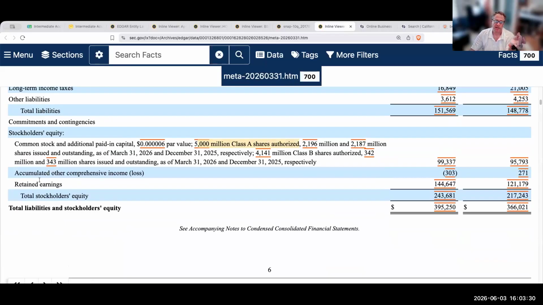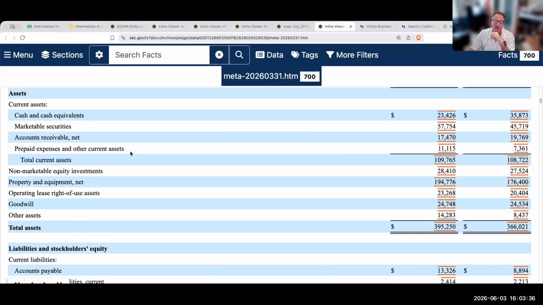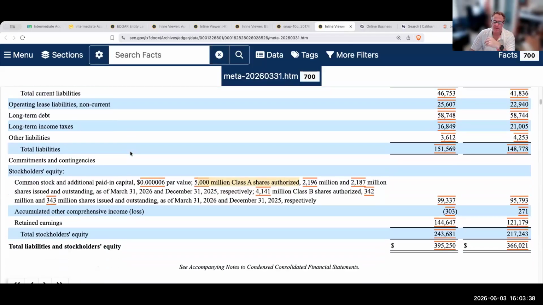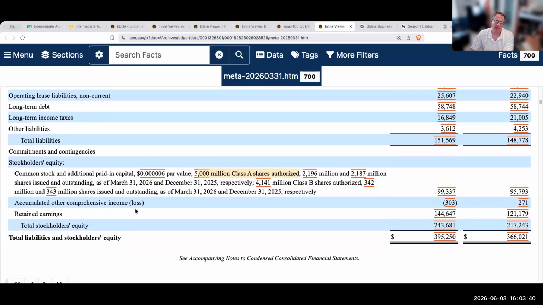Remember, retained earnings is the earnings of the corporation that we're keeping. And this is over here for Meta Platforms, and then you have the accumulated other comprehensive income or loss.